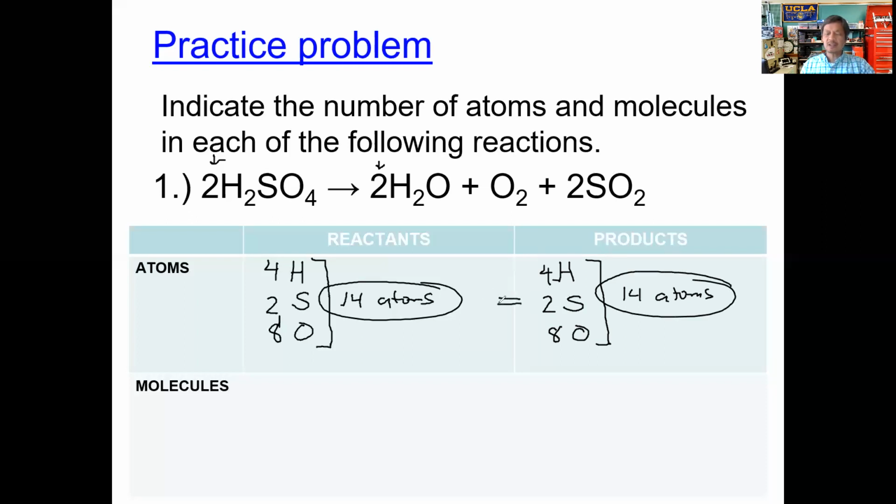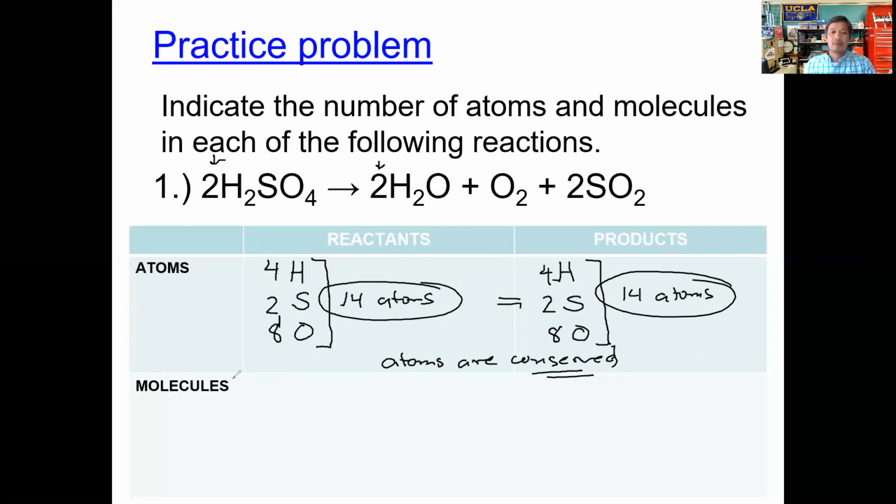So the number of atoms you start out with and the number of atoms you end up with are exactly the same, which is what we expect. Therefore, atoms are conserved. That means we will have the same number of atoms on both sides.